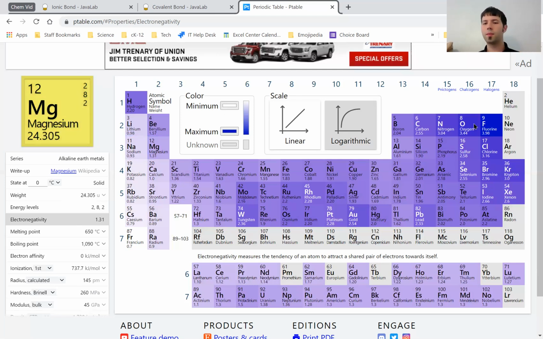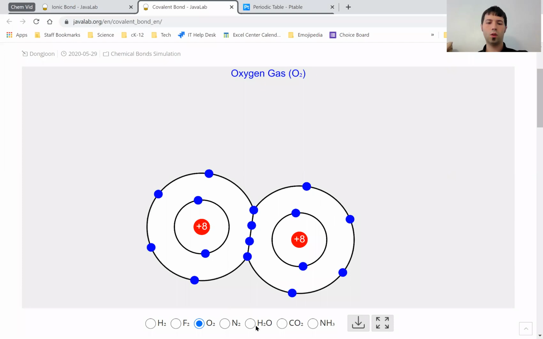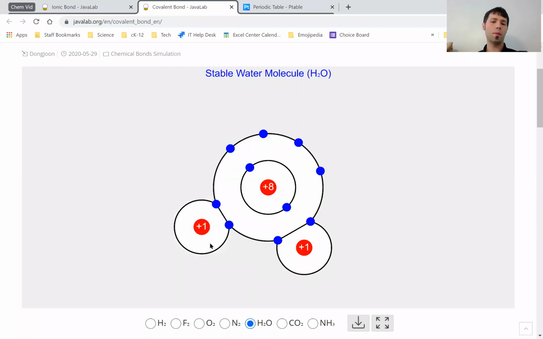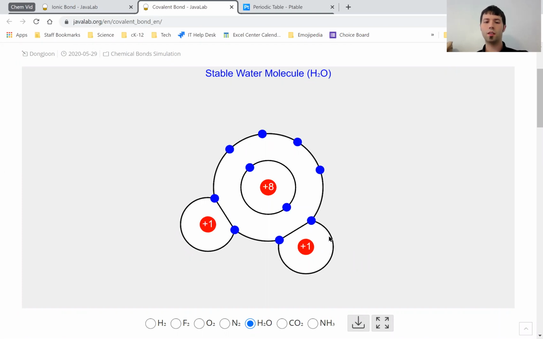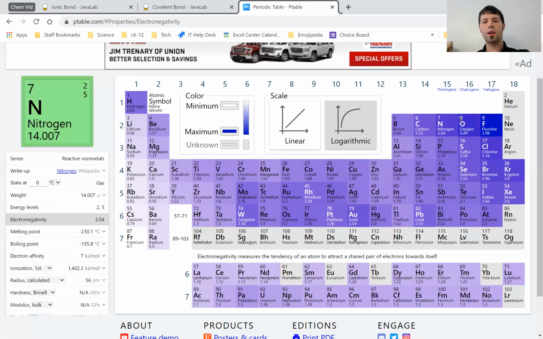Let's look at an example of something that would form a covalent bond. Oxygen and hydrogen, that's water, right? We looked at the covalent bonds in water. Remember, covalent means they're sharing electrons instead of donating or taking electrons. Oxygen has an electronegativity of 3.44.